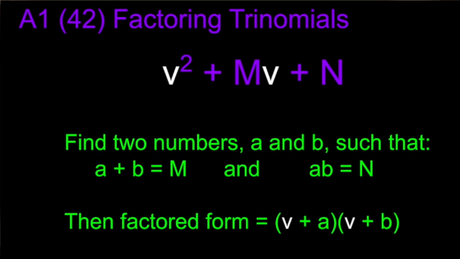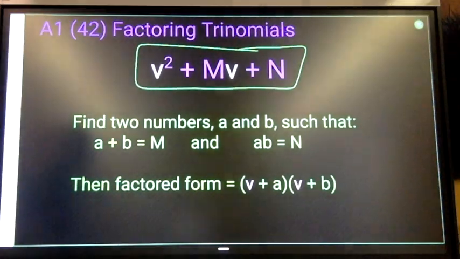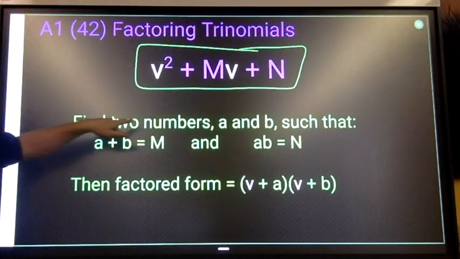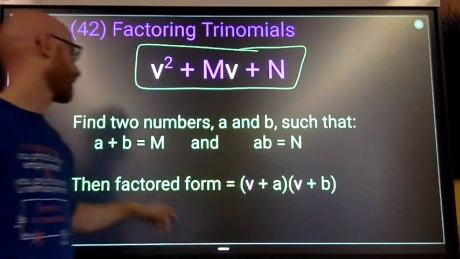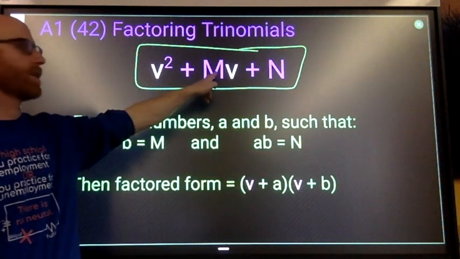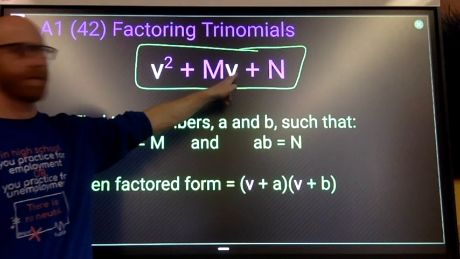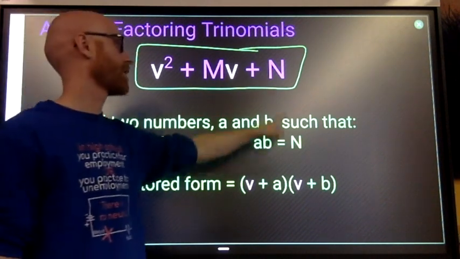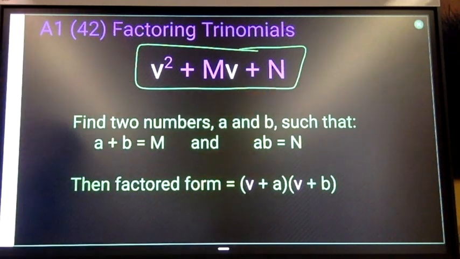When you're given a polynomial in this format, your job is going to be to find two numbers, a and b, so that a plus b equals the coefficient of the single variable term, and a times b equals the constant on the end.